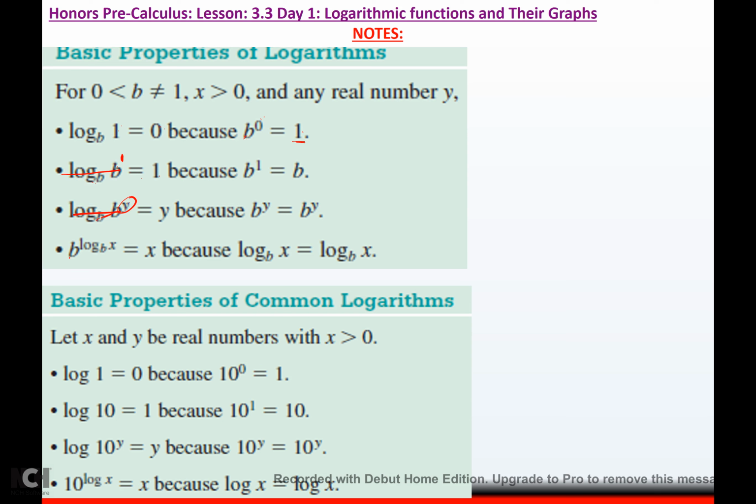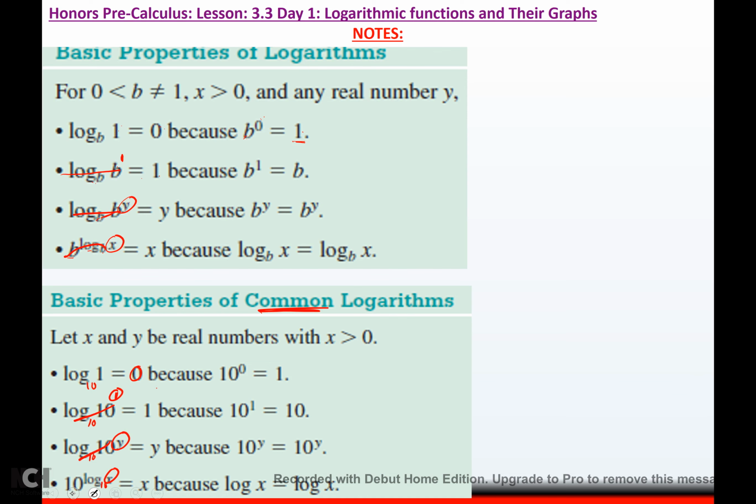And again, here, if you have a base and a log of the same base, those cancel, and your answer is x. When you have a common log, that means your base is 10. They don't write it when the base is 10, but your base is 10. So same thing here. Any log of 1 is 0. These match, so my answer is 1. These match, so my answer is y. These match, so my answer is x.